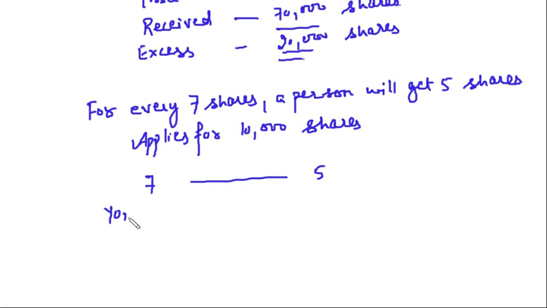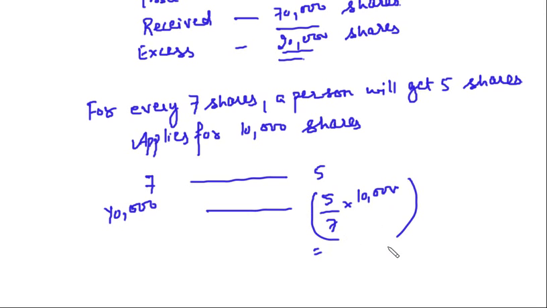And if you have applied for 10,000 shares, you can easily find out: 5 divided by 7 multiplied by 10,000. Right? Whatever figure you get here, that is the number of shares he will actually get. He applied for 10,000, but because there was oversubscription of shares, he got a smaller number, but at least his application was not rejected. He got partial allotment of shares. Clear?